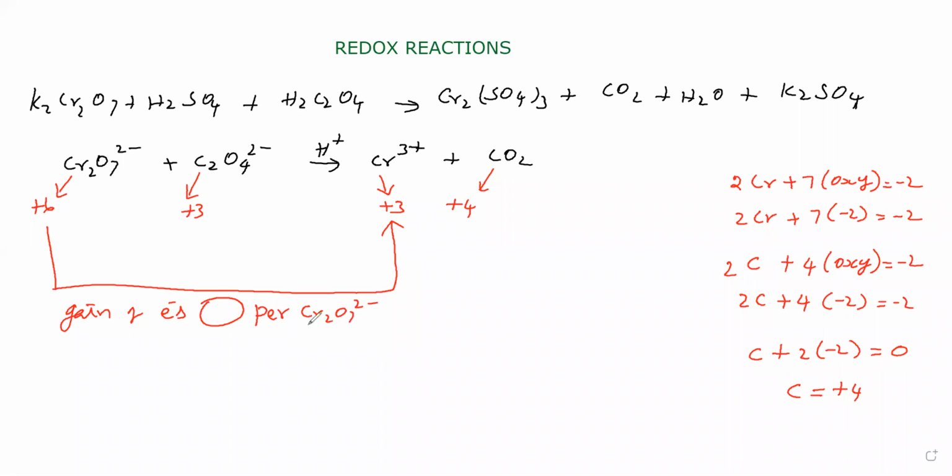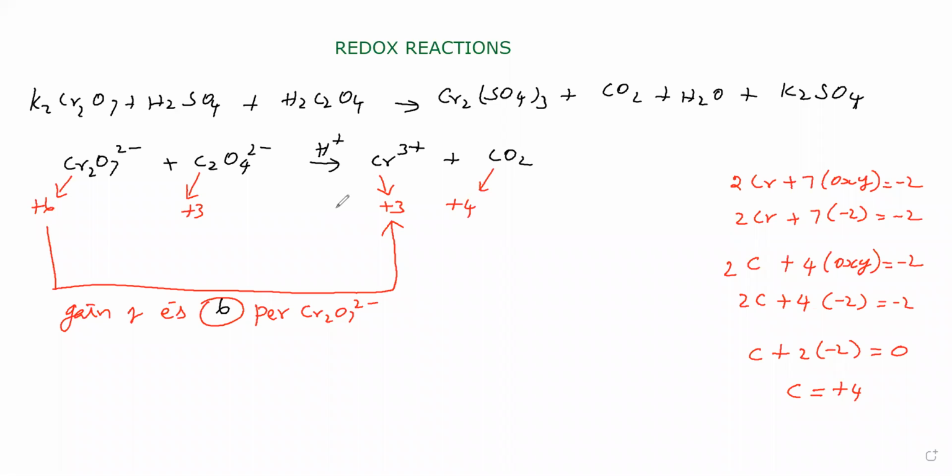One dichromate ion contains 2 chromium atoms, and each chromium takes 3 electrons, becoming +3. So the 2 chromium atoms take 6 electrons for converting into Cr3+.